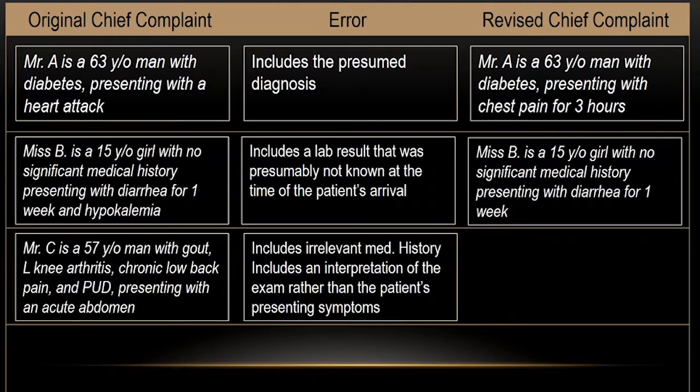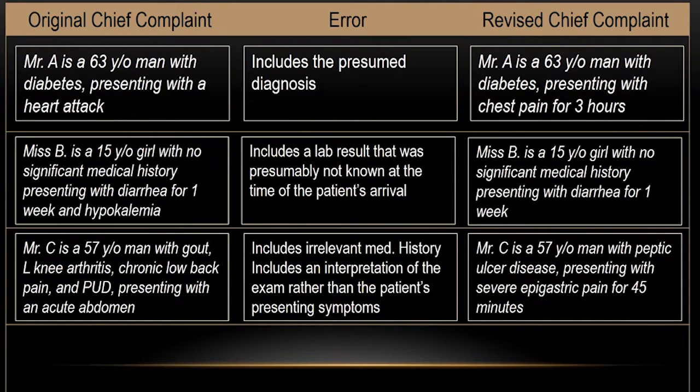And the second one is you jump to the diagnosis of acute abdomen rather than describing the actual symptom that the patient presented with. So the corrected version of this chief complaint is going to be Mr. C is a 57-year-old man with peptic ulcer disease presenting with severe epigastric pain for 45 minutes.